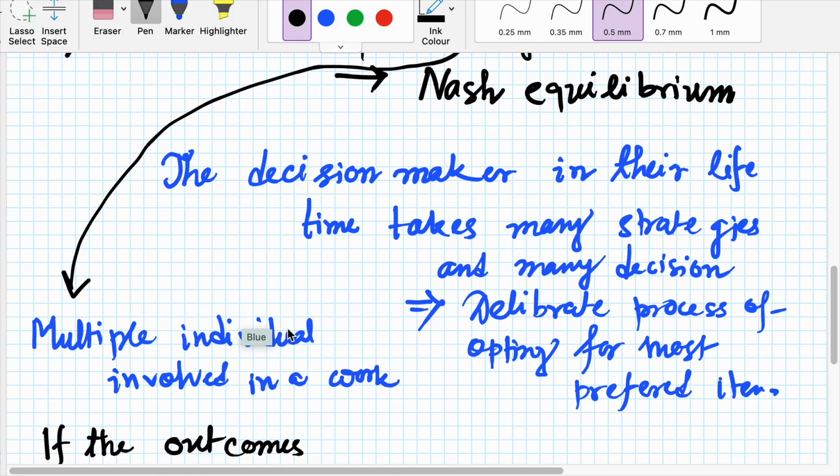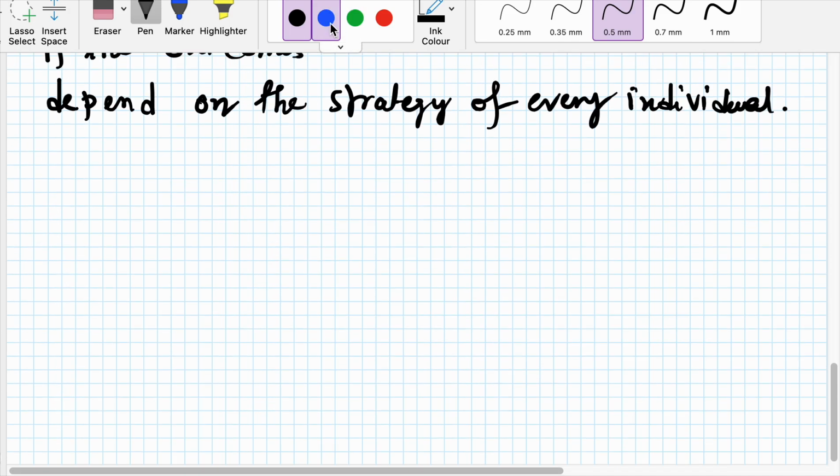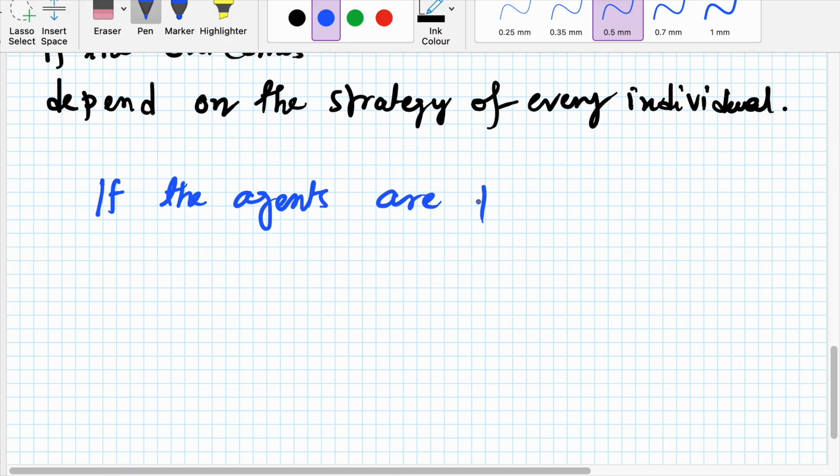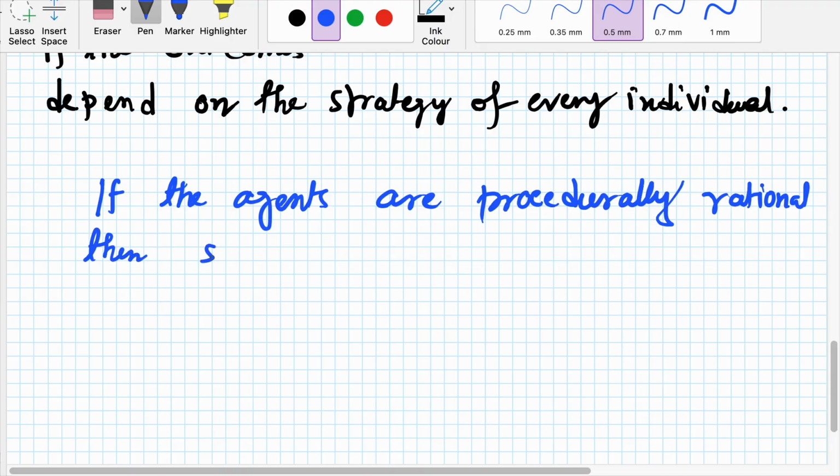Now, we have also learned that if the agents are procedurally rational, then the solution concept is no longer Nash equilibrium.